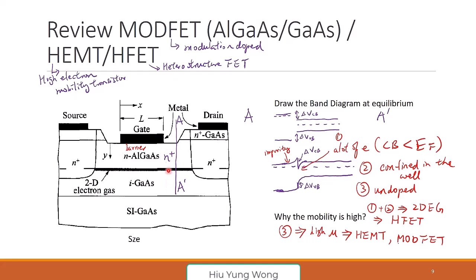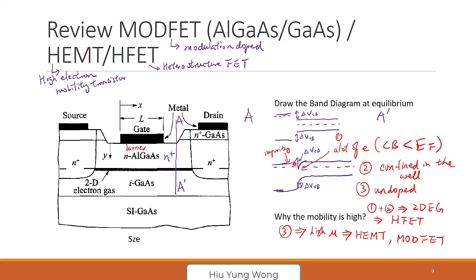Same heterostructure, arsenide instead of nitride, but the doping is due to impurity, modulation doping. That's why it's called modulation doped. The gallium nitride we're going to study is due to polarization charge. We don't dope it, but because of the crystal property, it has polarization charge and gives us the 2DEG.